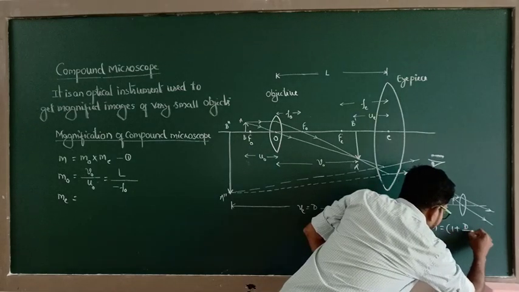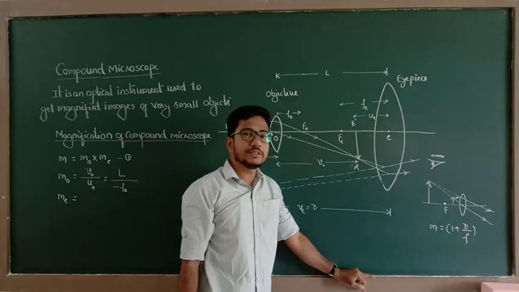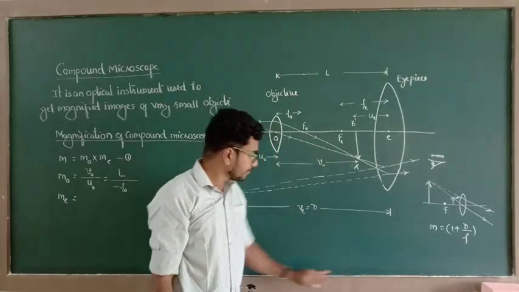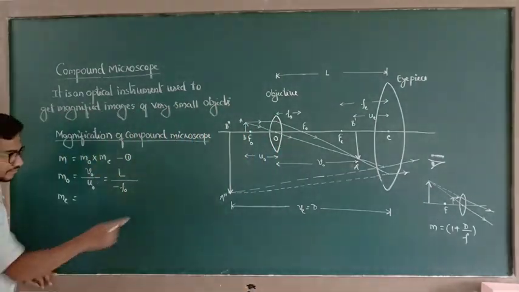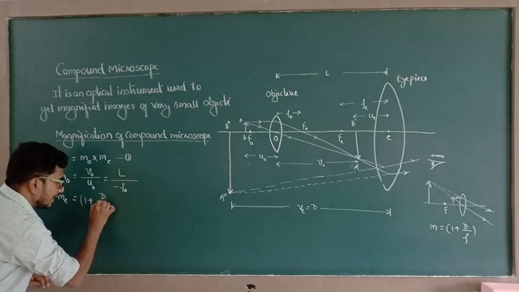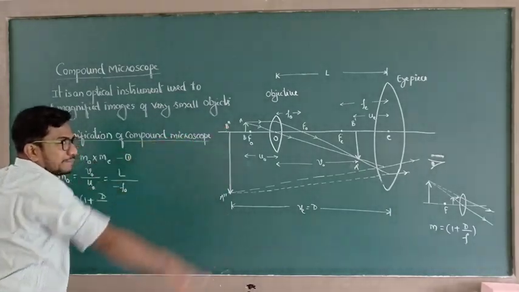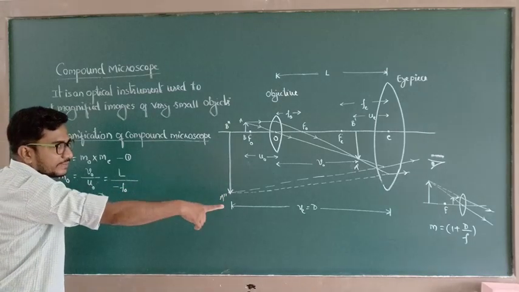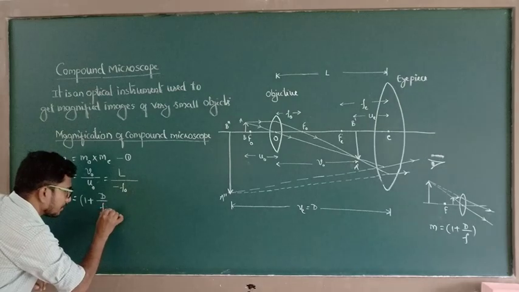We know the expression for the magnification of a simple microscope when the image lies at the least distance of distinct vision: m is equal to 1 plus d by f. So here the magnification of the eyepiece is 1 plus d by f. We are discussing with respect to the eyepiece, therefore that f represents the focal length of the eyepiece, that is f subscript e.